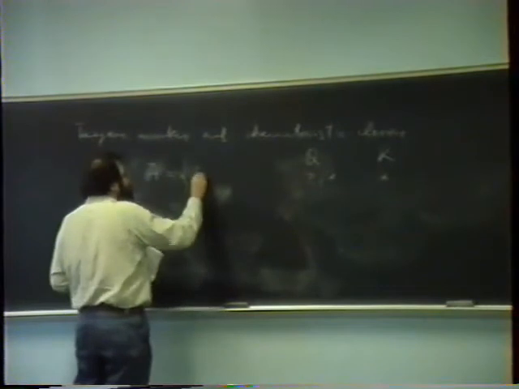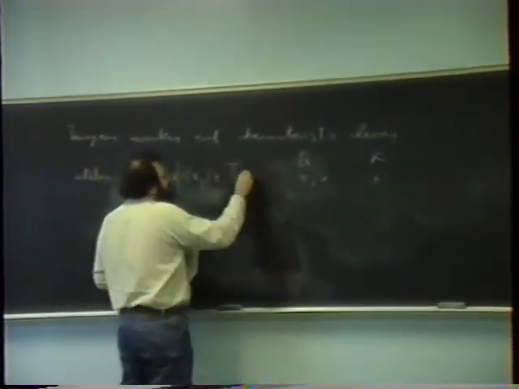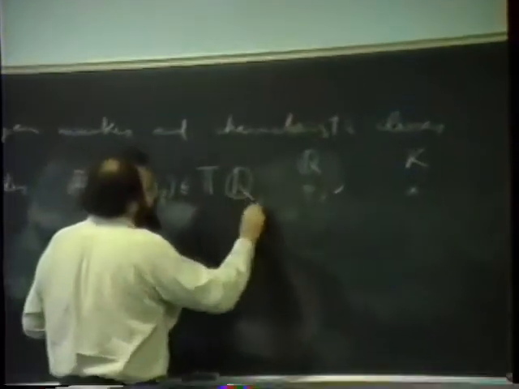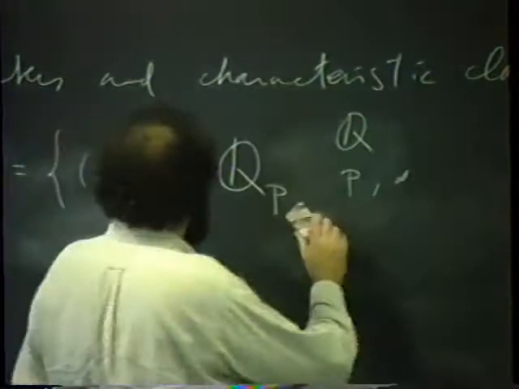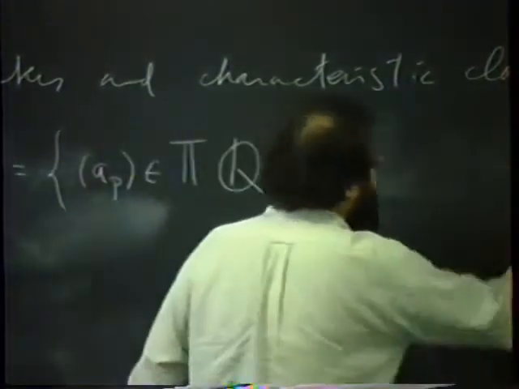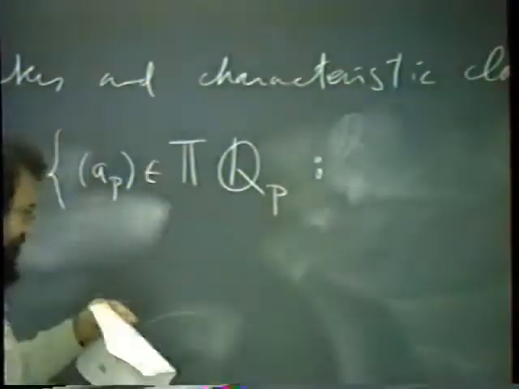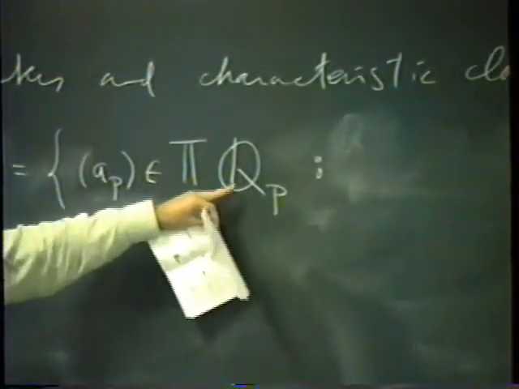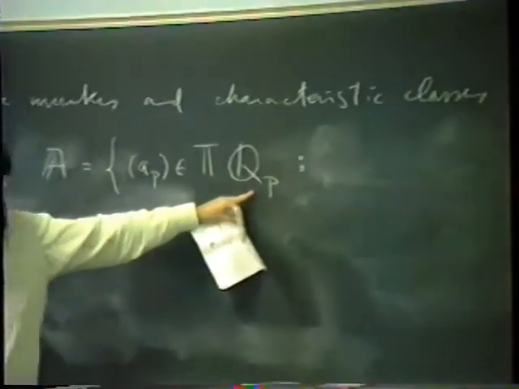The adeles are essentially the following. We have a family in the product of the p-adic numbers, such that you should think of the p-adic numbers as being analogs of the meromorphic functions around a point p.